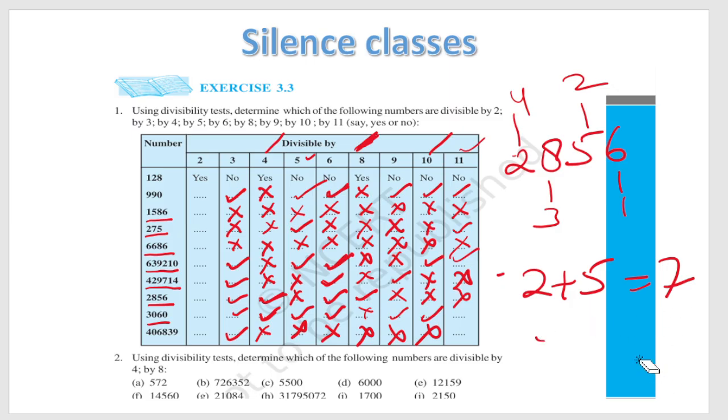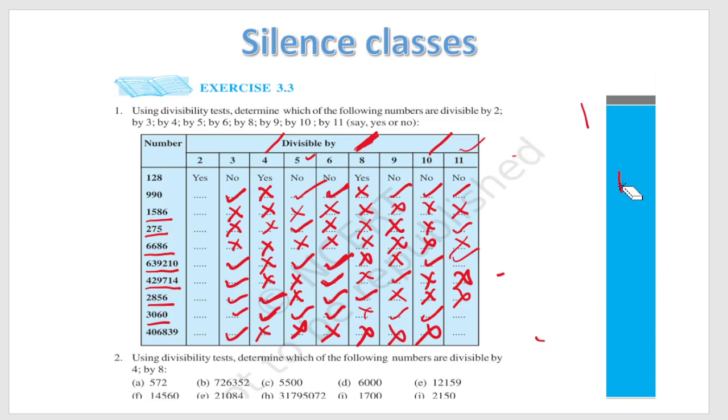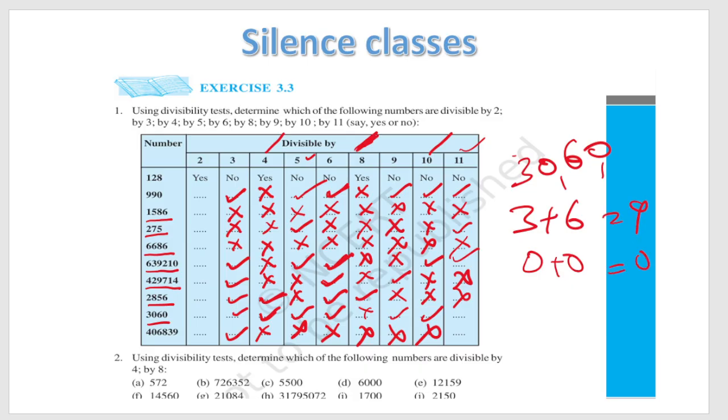Next, 3060. 3 plus 6 is 9, and 0 plus 0 is 0. 9 minus 0 is 9, and 9 is not divisible by 11. So we can say this number is not divisible by 11.